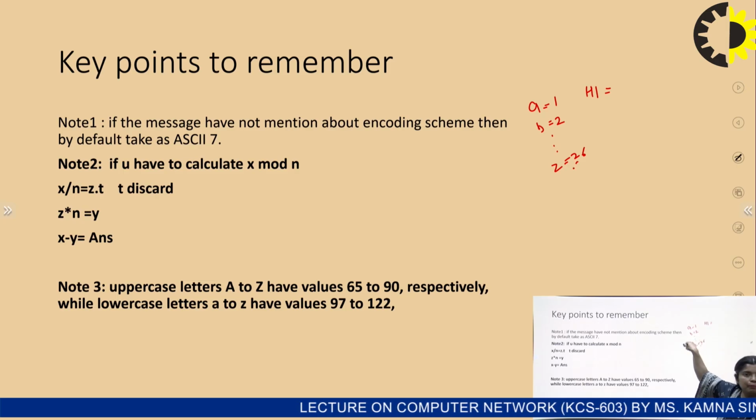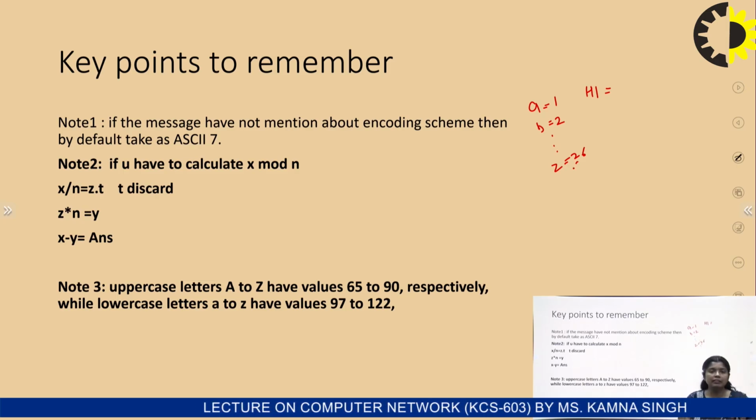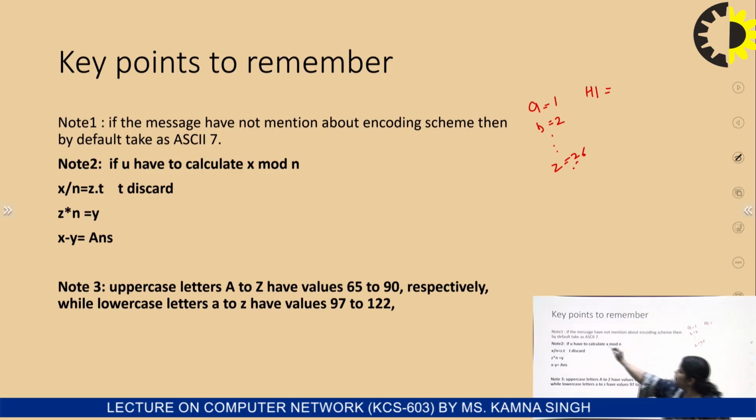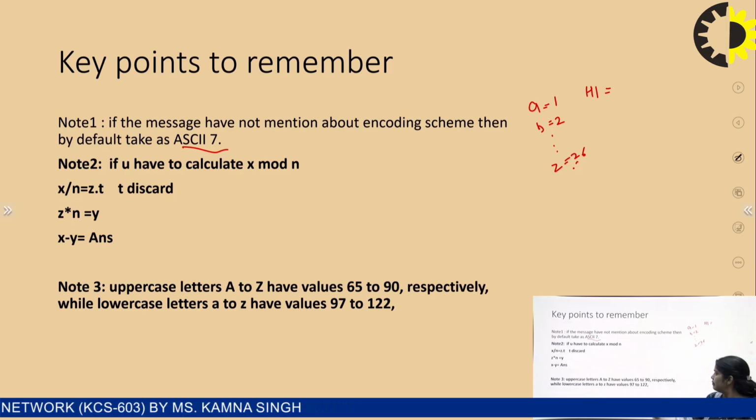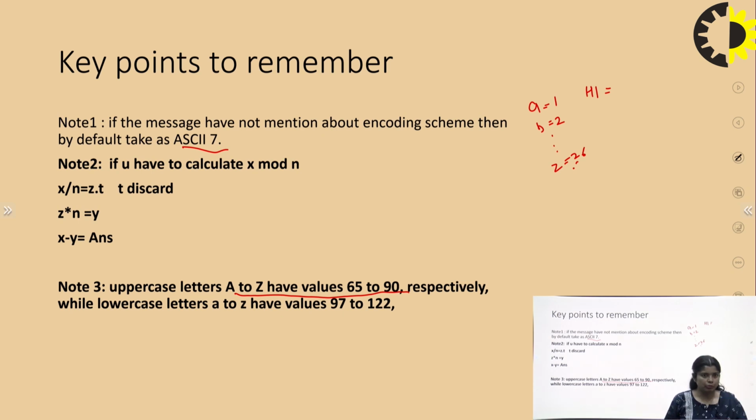If by default it is not written, then you have to use the ASCII 7 encoding scheme. In ASCII 7, you have to remember these numbers: uppercase A to Z is 65 to 90, and lowercase is 97 to 122.